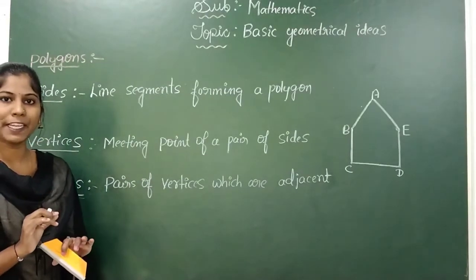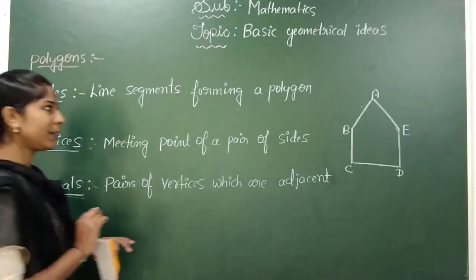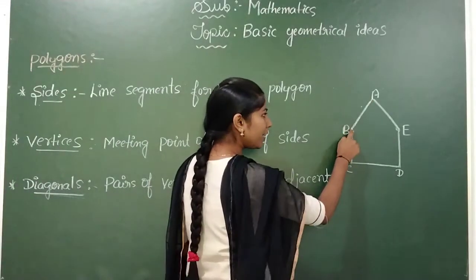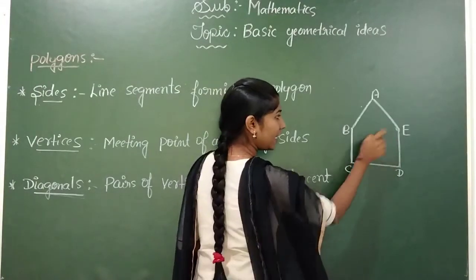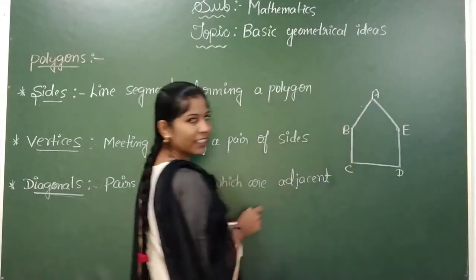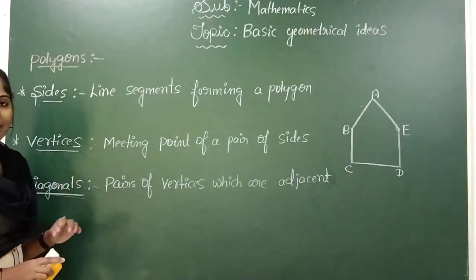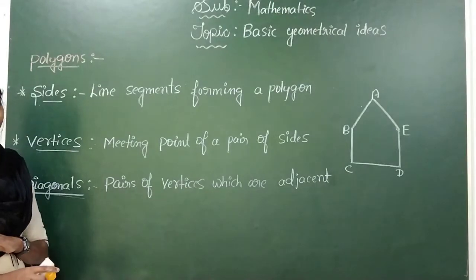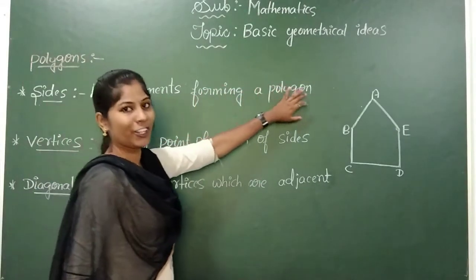This polygon is made entirely of line segments. So which are the line segments? AB is a line segment, BC is a line segment, CD is a line segment, DE is a line segment and EA is a line segment. Right? So these line segments are called the sides of a polygon. That's why the line segments form a polygon.